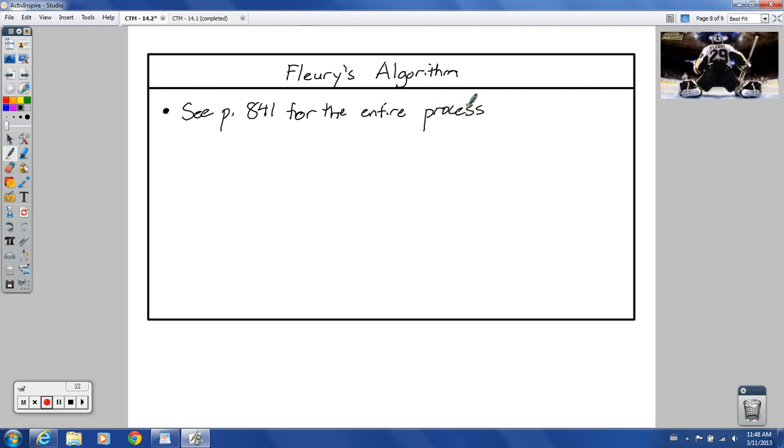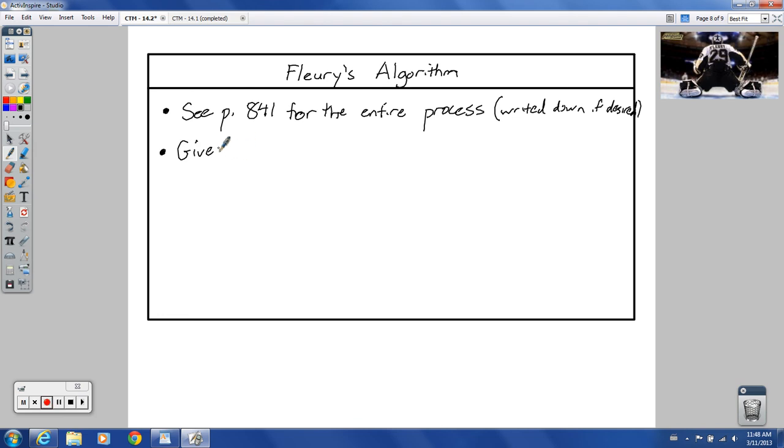We will practice the process. You can write it down if you so desire. But I'm just going to highlight the two main things.